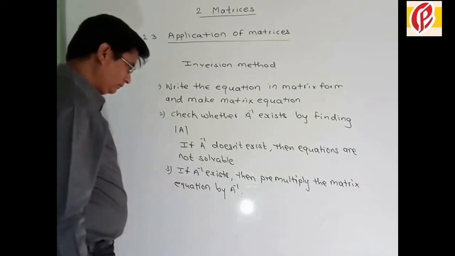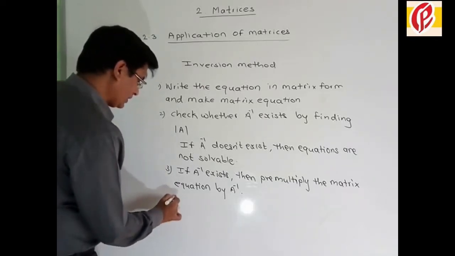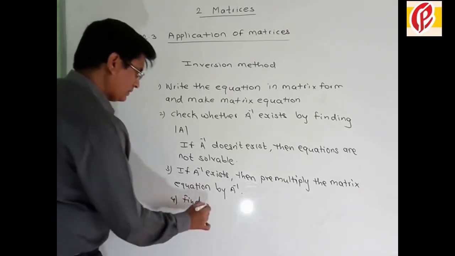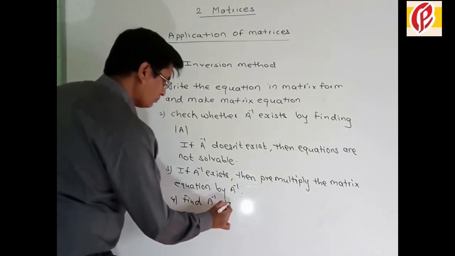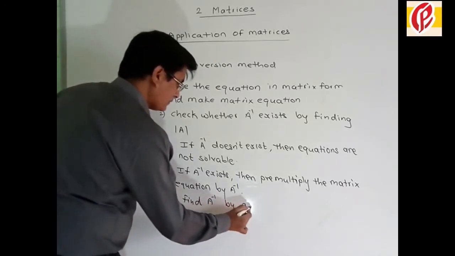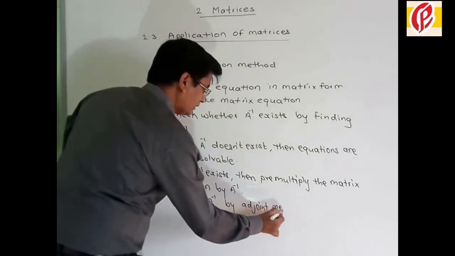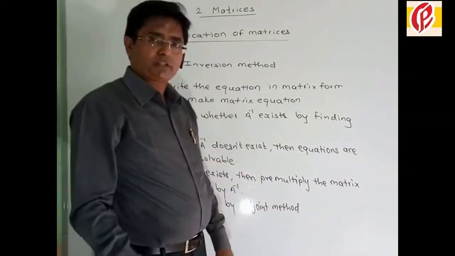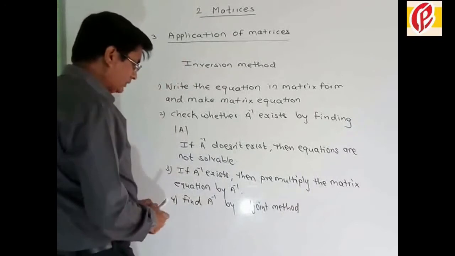Then fourth is find A inverse by adjoint method. Here you can use row transformation method, but I am going to use the adjoint method.